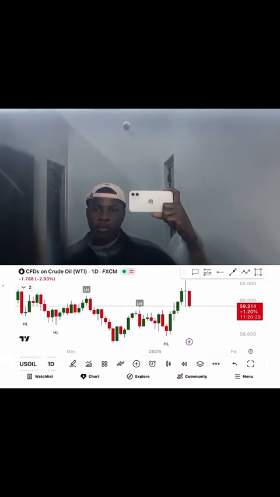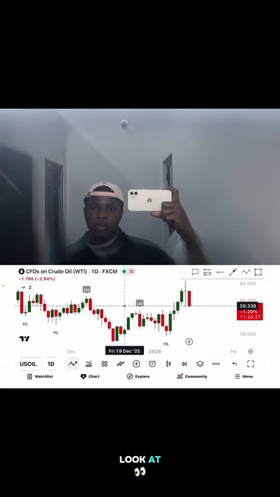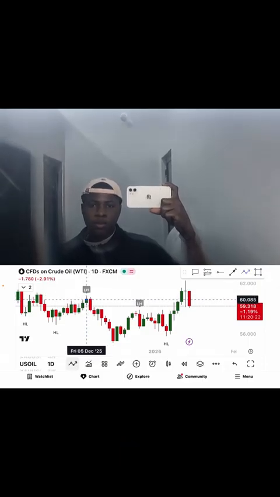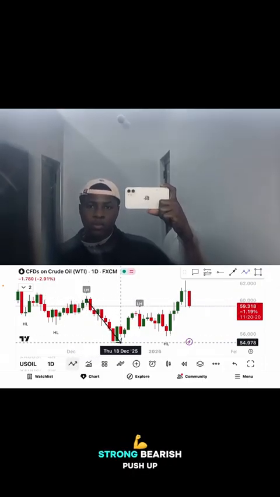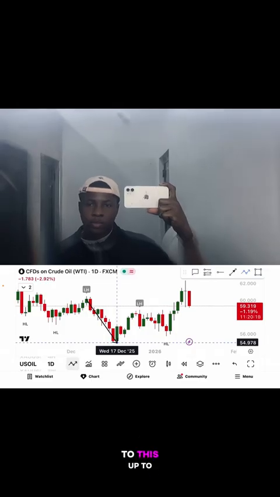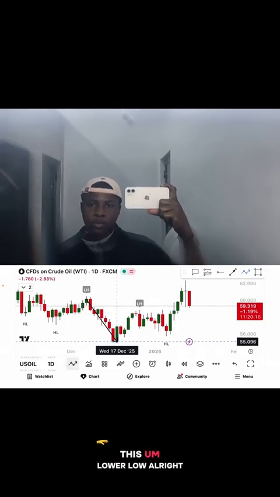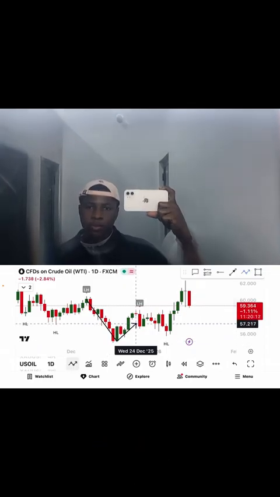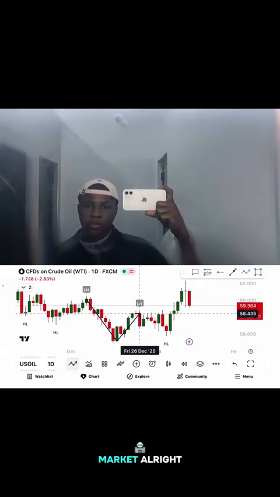Now when you take a look at this lower high, price had a very strong bearish push down to this lower low. A new lower high was formed in the market.